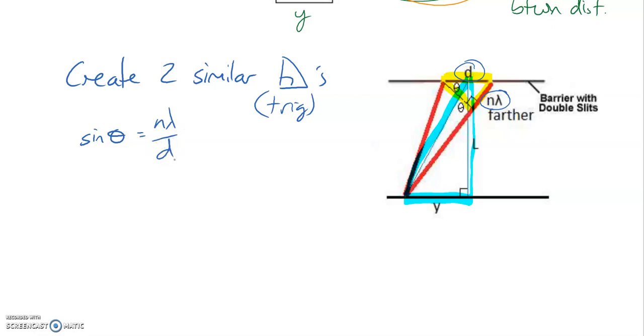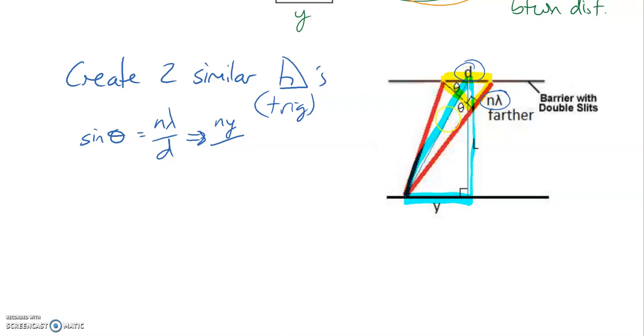I can connect that to the blue triangle and do the same thing. Sine theta for my bluish triangle, the opposite would be my y values, and it could be 1 y value, 2 y values, 3 y values, it doesn't matter. Again, we put a little n in front, and that's divided by the hypotenuse.